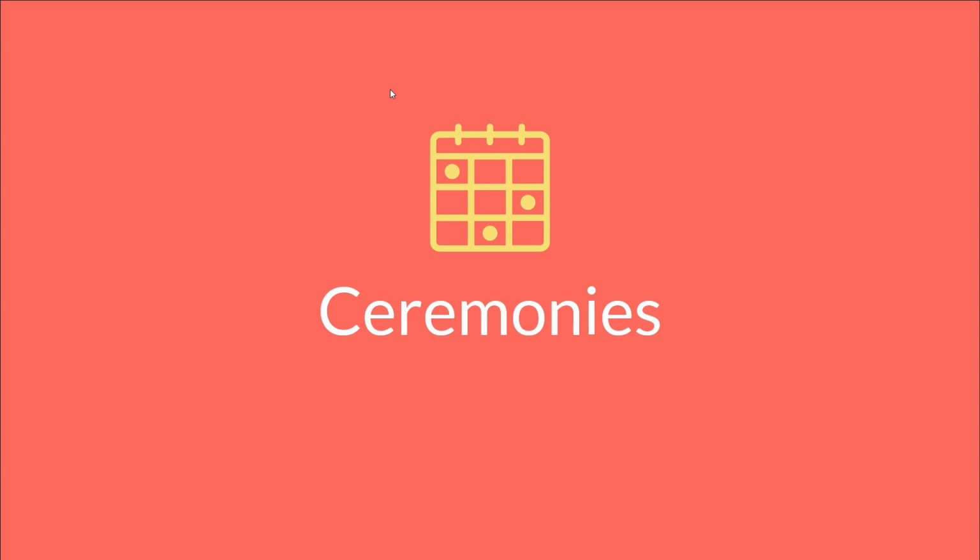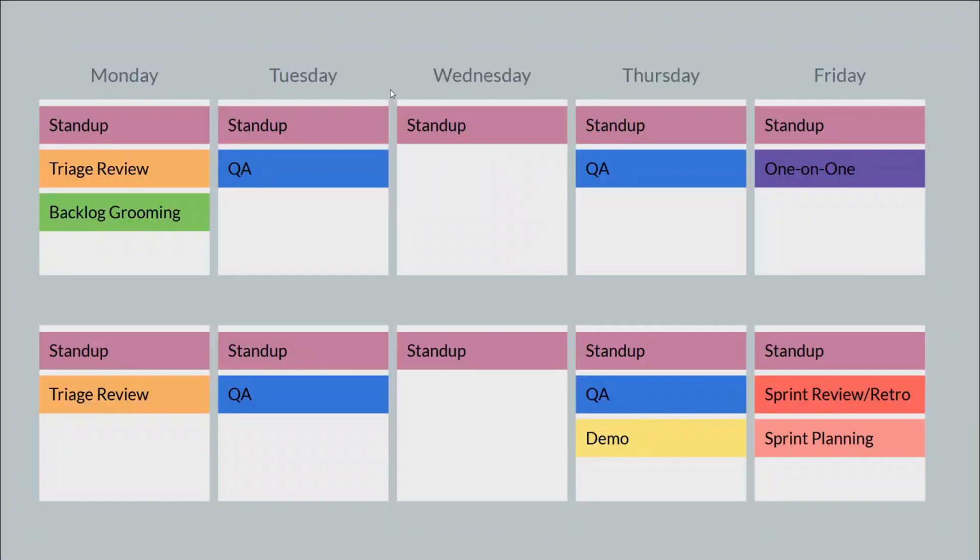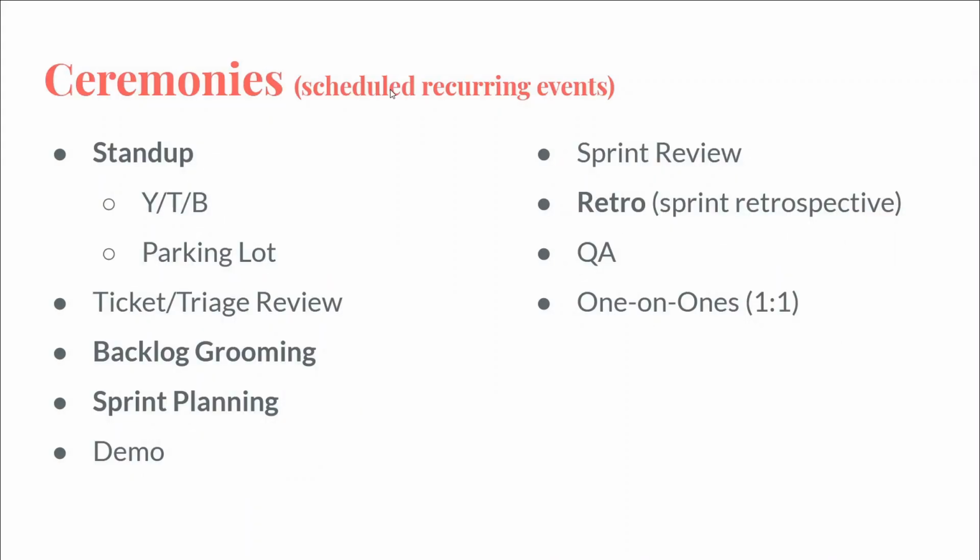Okay, ceremonies. I think this is the last big slide, or maybe even the last slide. Yeah, this is the last one. So there are different ceremonies in Agile. There is Standup, which is done every day. That's where as a team you talk about what you did yesterday, what you're going to work on today, anything that's blocking you.